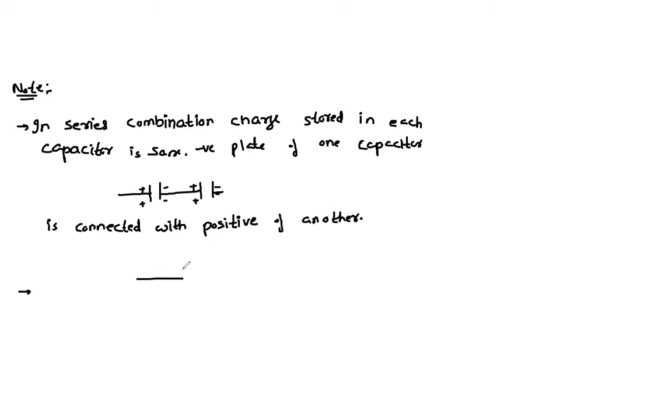While in parallel combination, the positive plate of one capacitor is connected to positive of another. If I say that capacitors are in parallel, that means positive plate of one capacitor is connected to positive of another.